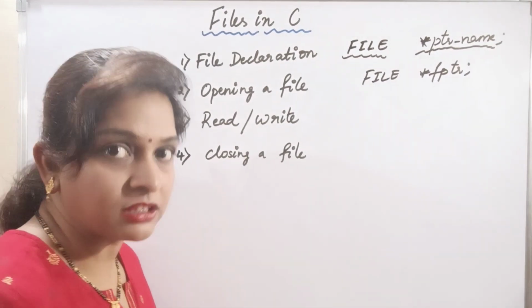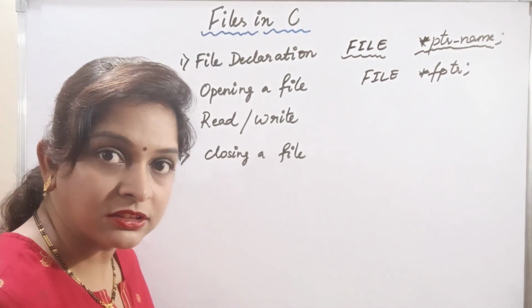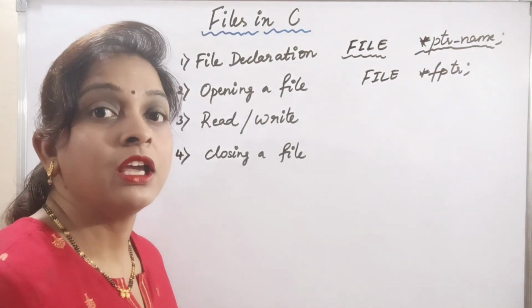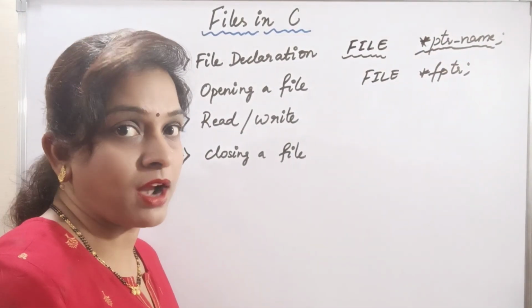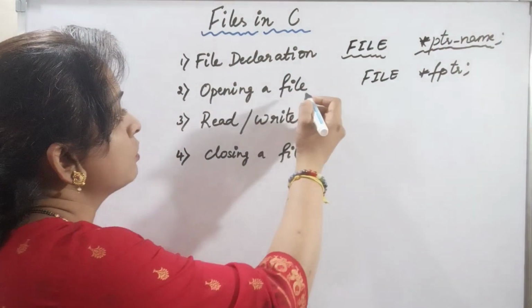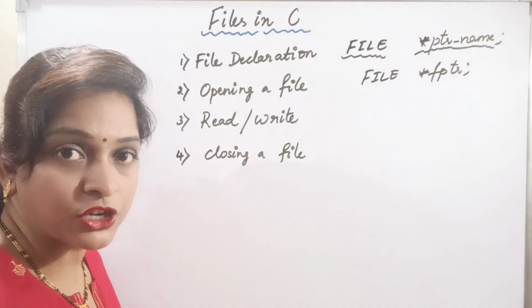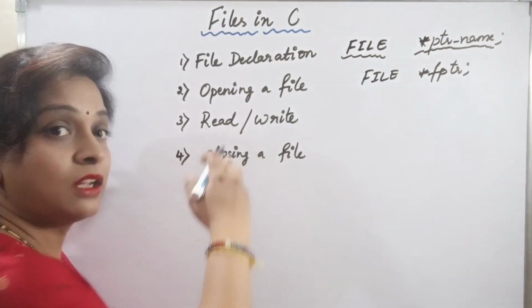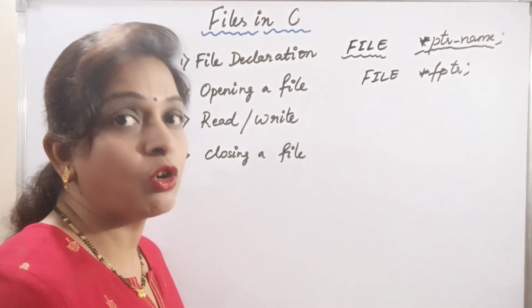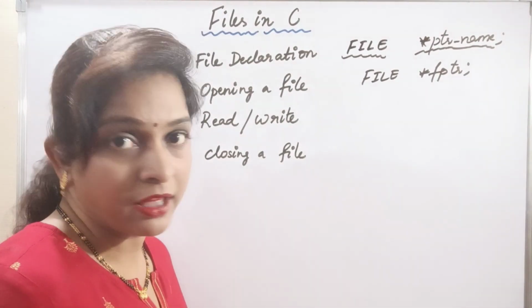So we need to declare the file first. In order to declare the file, we use the FILE data type followed by the pointer variable, because pointers are required to handle files. Once we declare the file, we have to open a file. So we have a function to open the file. Then once the file is open, we start reading the data from the file, or we start writing the data into the file.